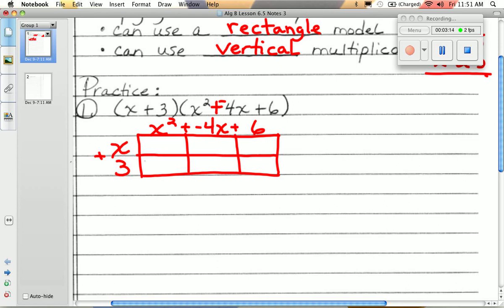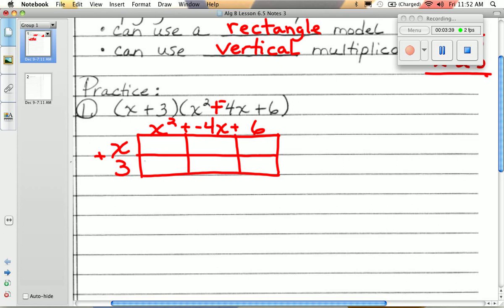And then we have 2 terms in this one, so we have 2 rows going across. So what's really happening here is this is like the width of a rectangle. X plus 3 is the width of our rectangle. X squared plus negative 4x plus 6 is the length of our rectangle. So we're really going to find the area of that whole big rectangle. But we're going to do it pieces at a time and then add them all together.